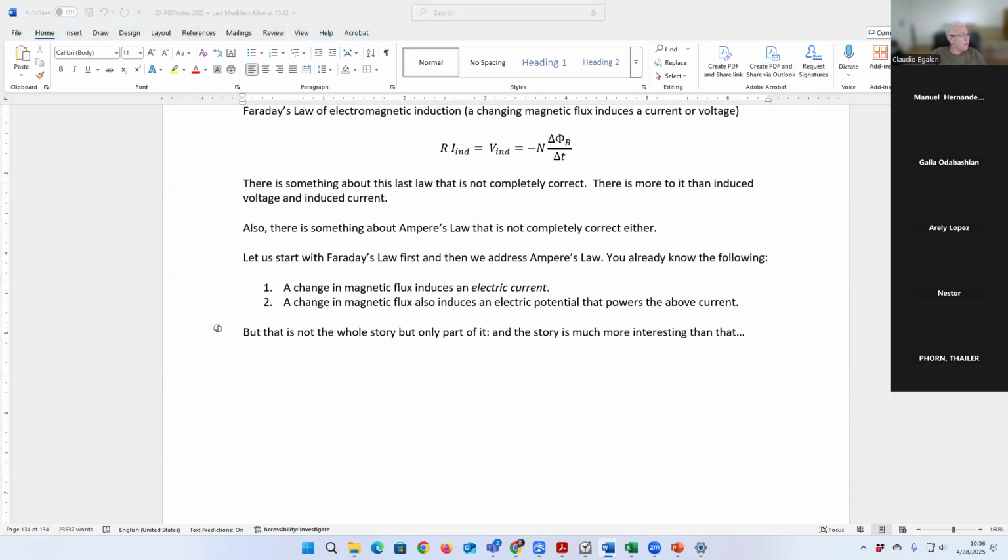What is induced is not just an electric current. What is induced is not just an electric potential.